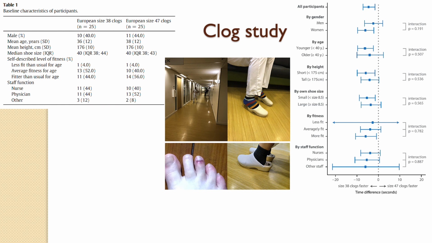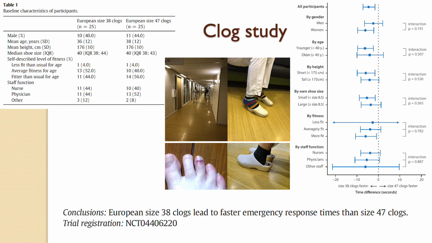And we also did a proper statistical analysis, as you can see here, to see whether gender, age, height, own shoe size, fitness and stair function would play a role. And as you can see in this figure, in fact the size 38 clogs showed a faster time. So the conclusion is that European size 38 clogs lead to faster emergency response time than size 47.